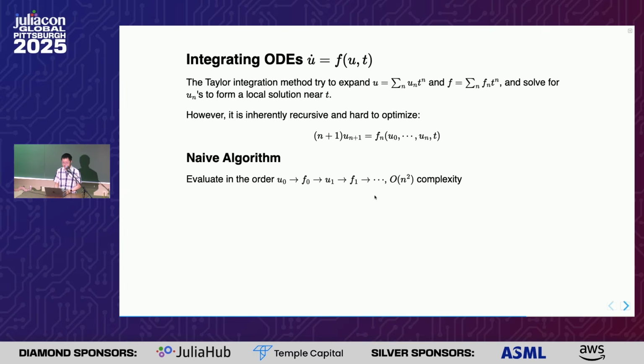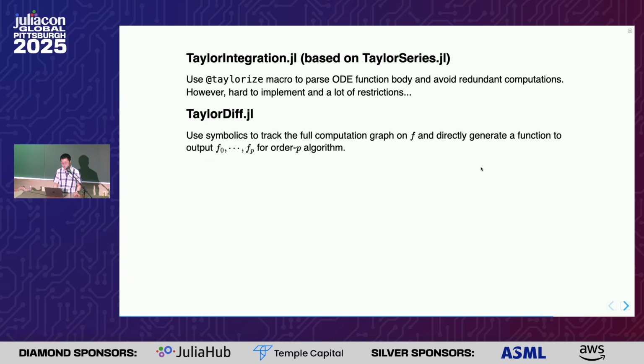This is definitely worse than the state-of-the-art ODE algorithms, for example Runge-Kutta methods, which are not as expensive as this. So if we just do it naively, then the Taylor integration method will not be better than other well-established ODE methods. However, we can do some simplification.